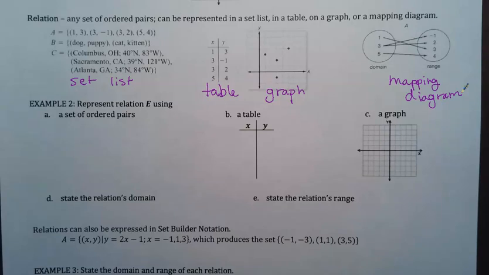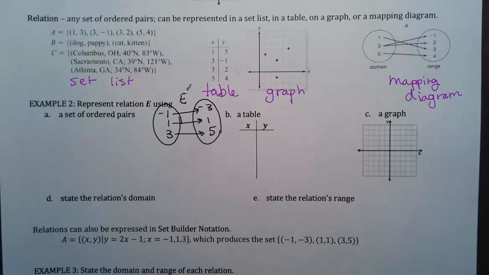It should have been a mapping diagram of set E. So let me give you set E. Let me change my font here. I've got negative 1, 1, and 3, and they go to negative 3, 1, and 5. So I gave them to you in a mapping diagram. And so this is relation E.